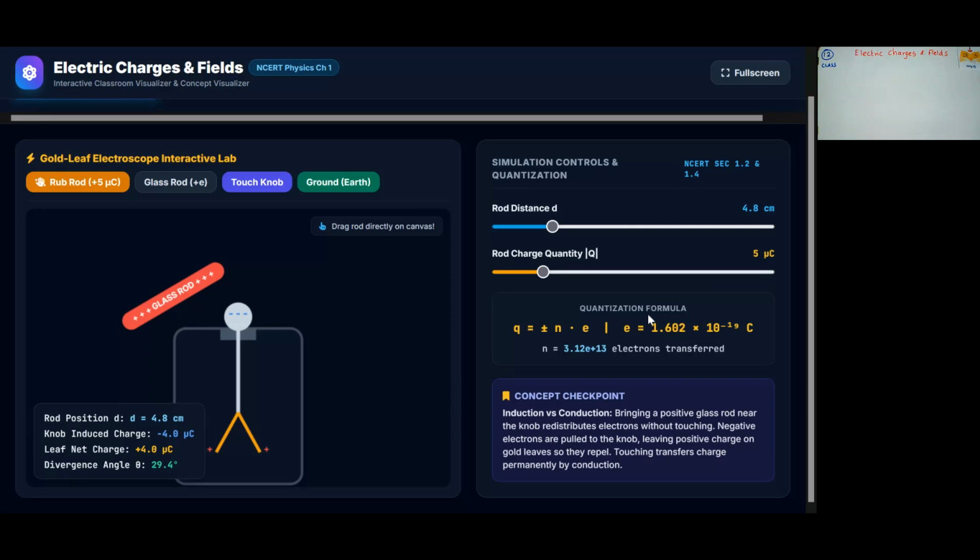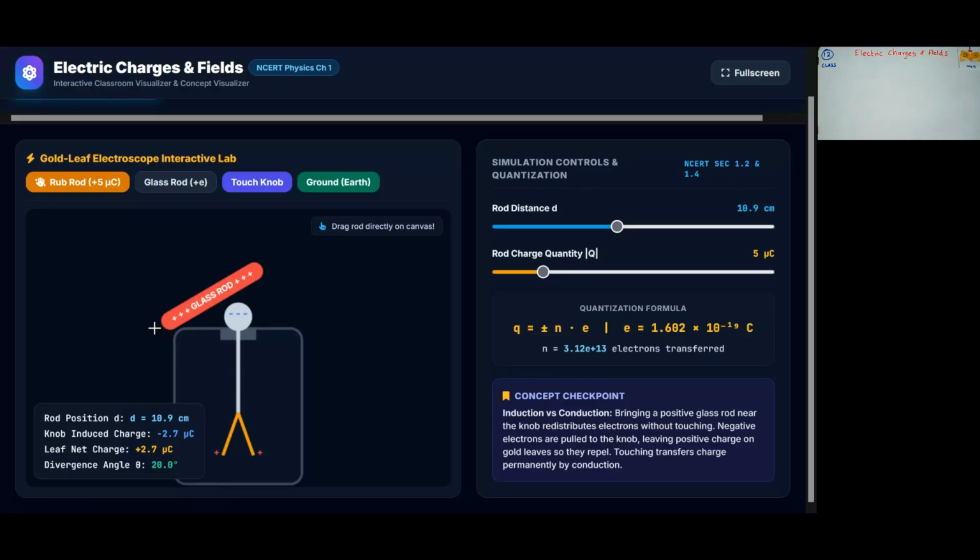Now watch the simulation canvas as I drag this positively charged glass rod close to the metal knob, without touching it.